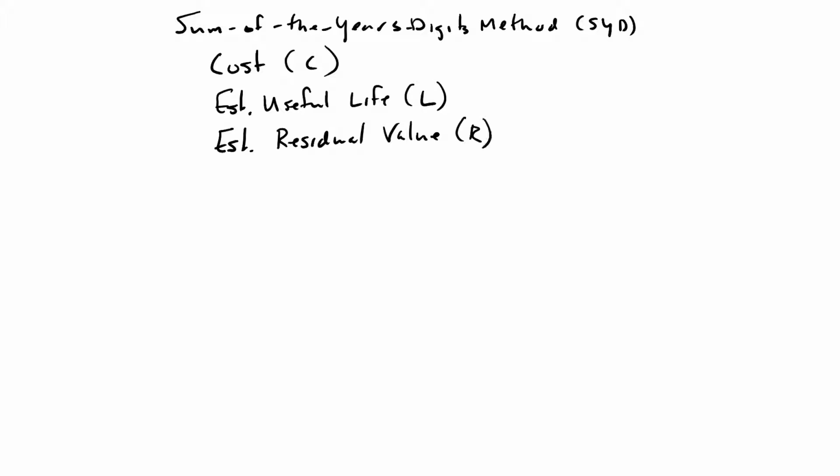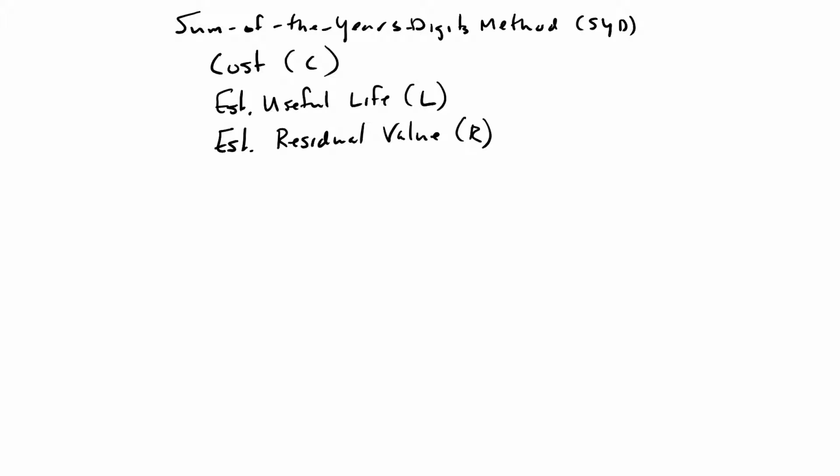I'll use R to represent it, but the estimated residual value is the amount that the company anticipates that they will be able to obtain from the asset, maybe upon some form of disposition, say selling the asset outright or trading it in for another asset. But it's the amount of value they estimate that they will be able to obtain at the end of the asset's useful life.